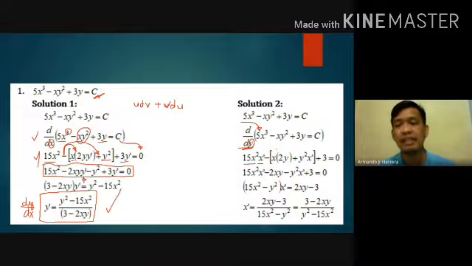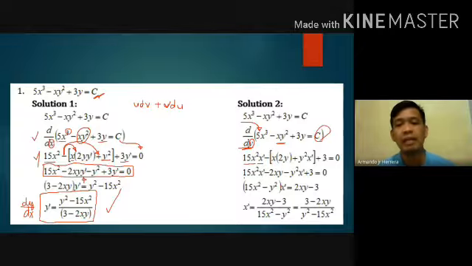Minus the quantity, since this is again a derivative of a product, x times y squared with respect to y is 2y, plus y squared multiplied by the derivative of x with respect to y, which is x prime, plus the derivative of 3y with respect to y, which is 3. And then it is equal to 0, since the derivative of the constant c is 0.